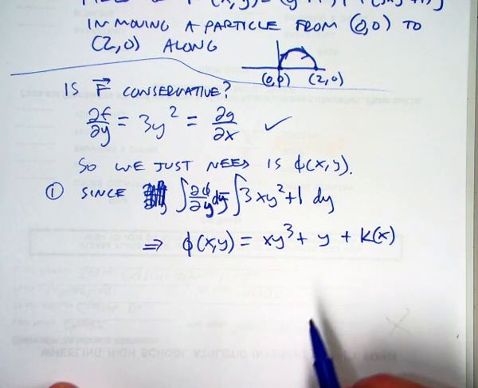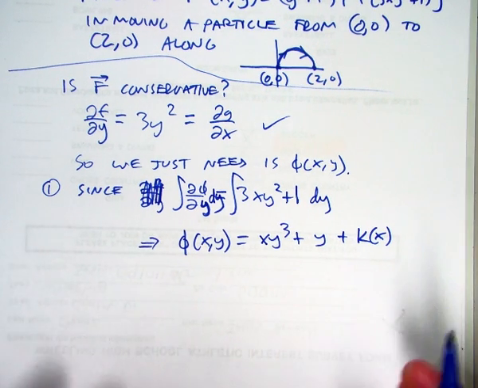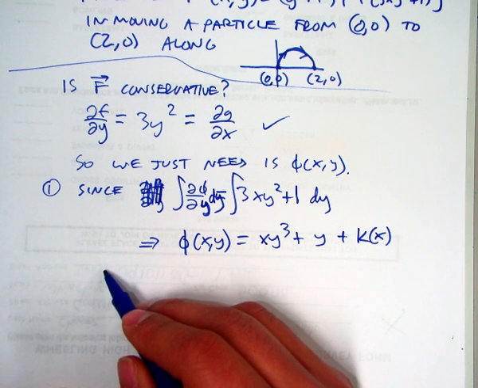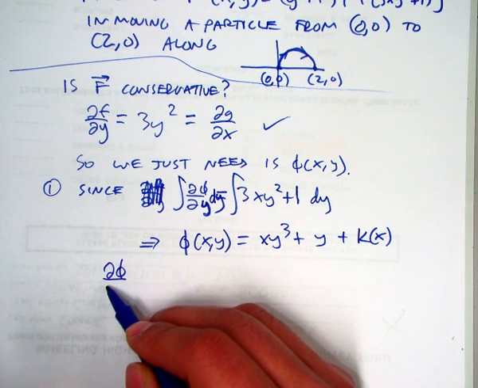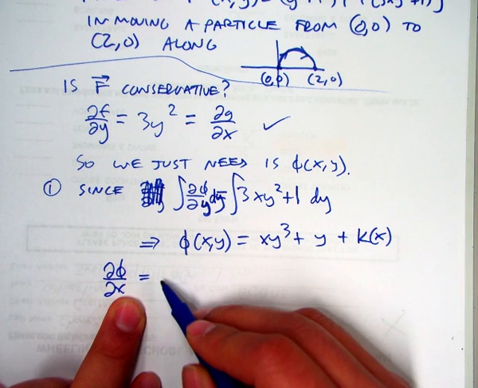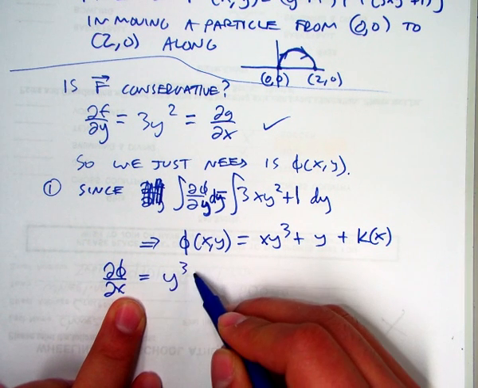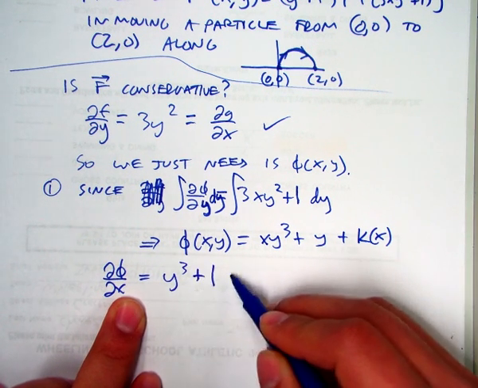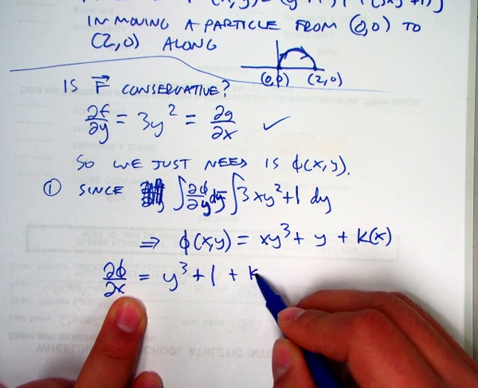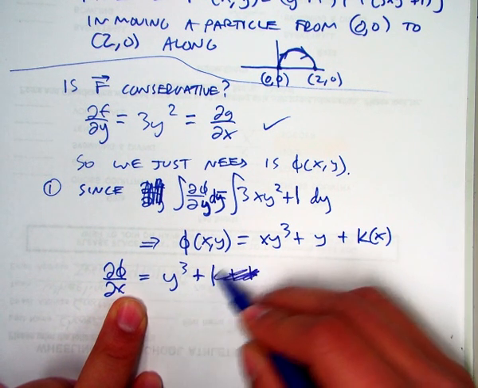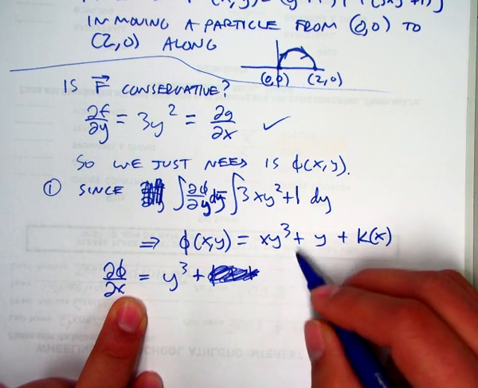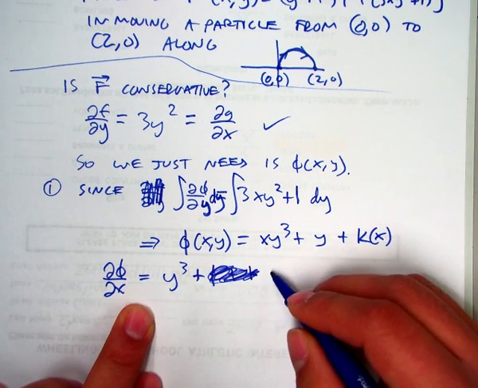So now what do we do to finalize our potential function? We do partial phi, partial x. Partial phi, partial x will be y cubed plus 1 plus possibly... wait, was it just y? Oh, there's nothing there. My bad. Still stuck in y mode. So y cubed plus 0 plus k prime of x.